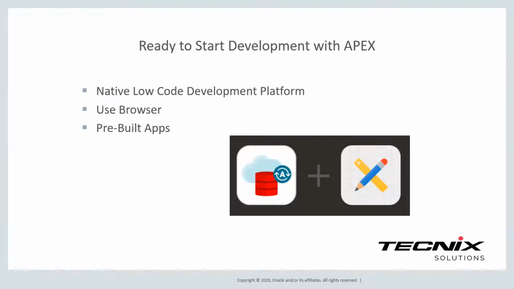Low-code development platform means that we are going to create and design our applications just in a graphic interface. So we also have pre-built applications. That means these applications we can use for production because they are applications ready to use. And also it has examples to learn more about specific features of the code.